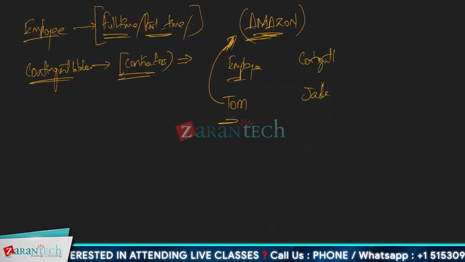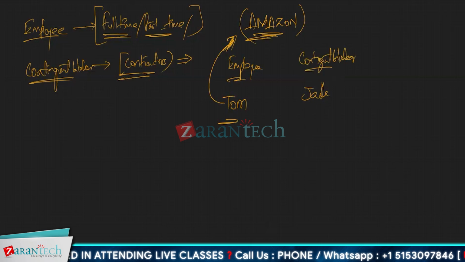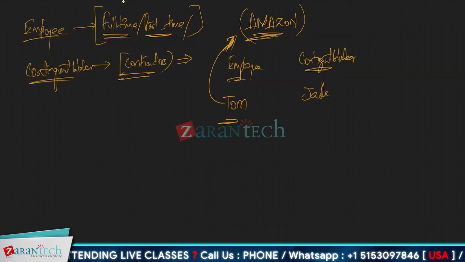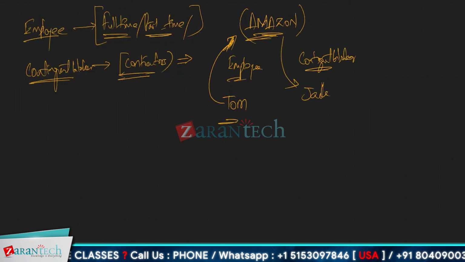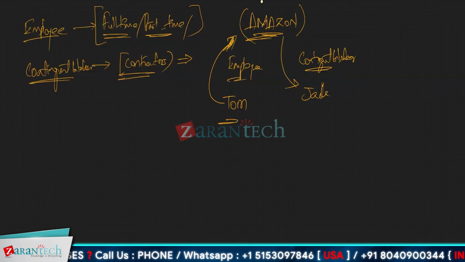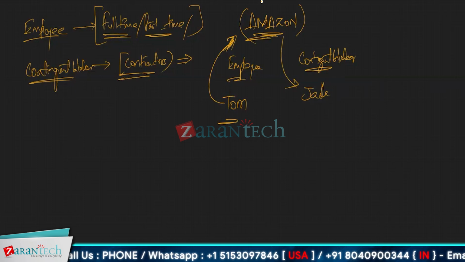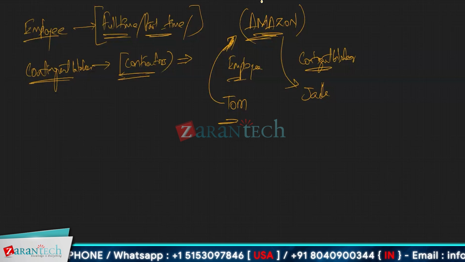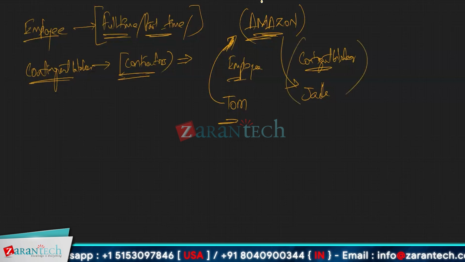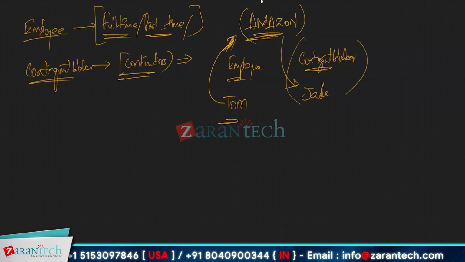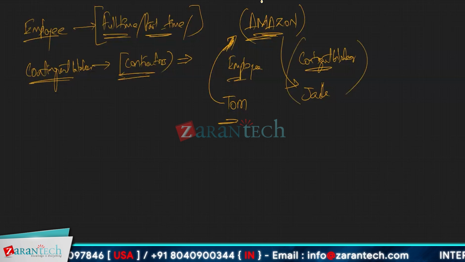So contingent workers are like contractors. They will be hired from a third party company who generally provides a specific type of consulting services. Like when you work as an AMS consultant, if you join a service based company, you will be working for other companies as a contingent worker.